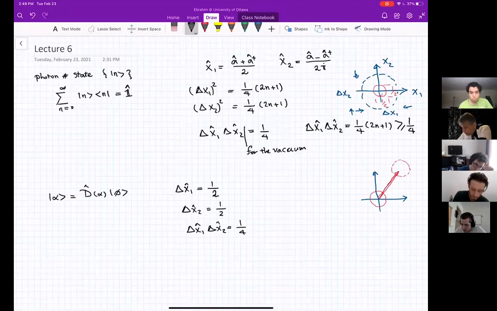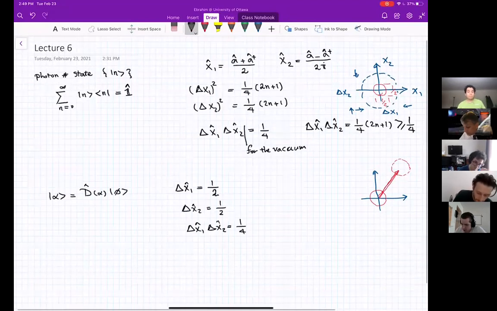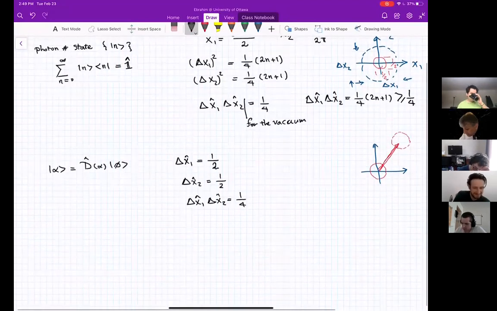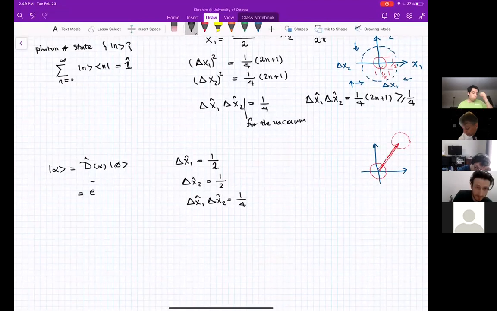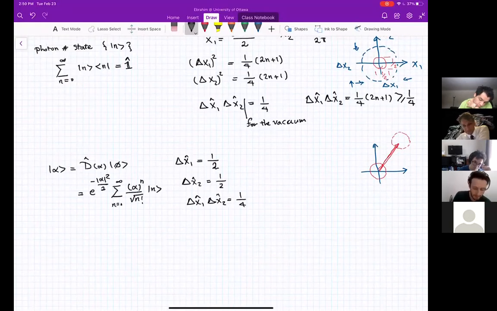For this specific coherent state, if we do the expansion in terms of photon number states, it is given by the summation of alpha to the power n divided by the square root of n factorial, times the photon state of n, with n going from 0 to infinity.